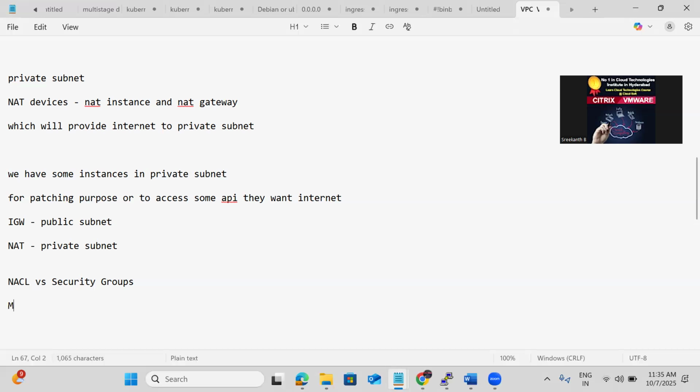NACL stands for Network Access Control List. NACL provides firewall rules at the subnet level.